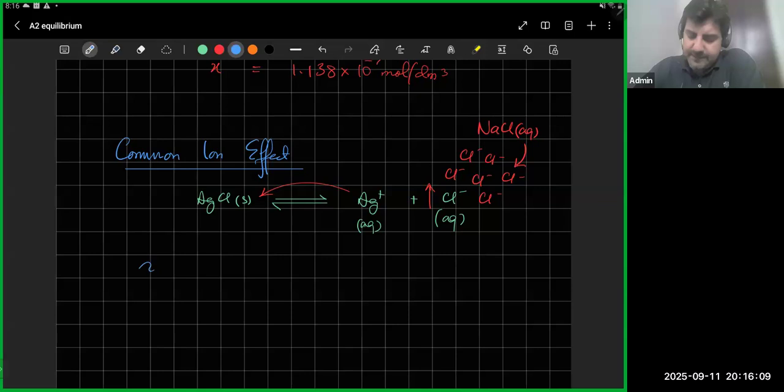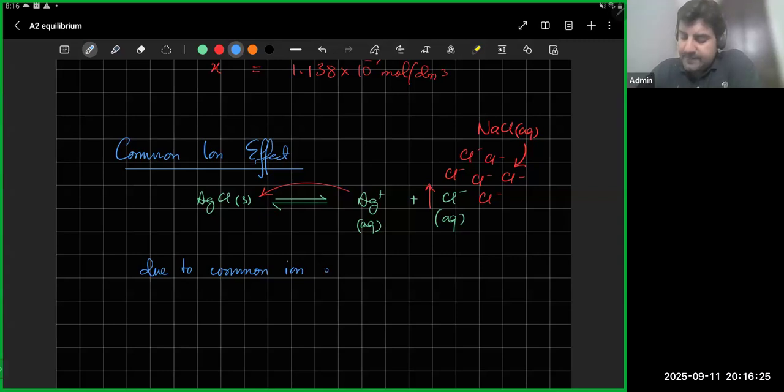Okay, so due to common ion effect, this is a critical keyword. Don't explain it in your own words. You have to use the words common ion.